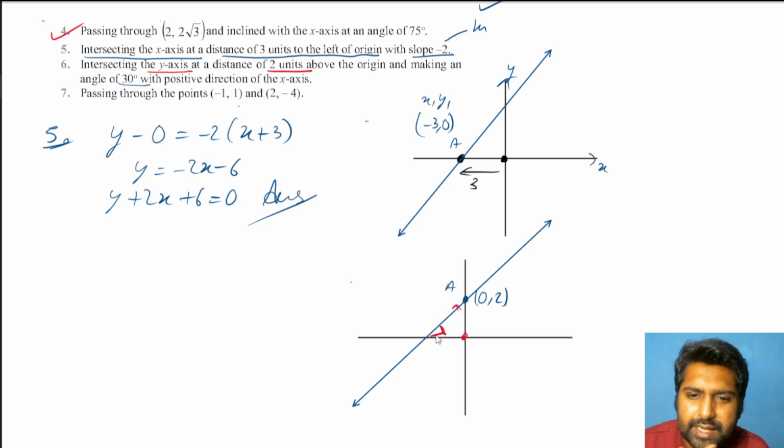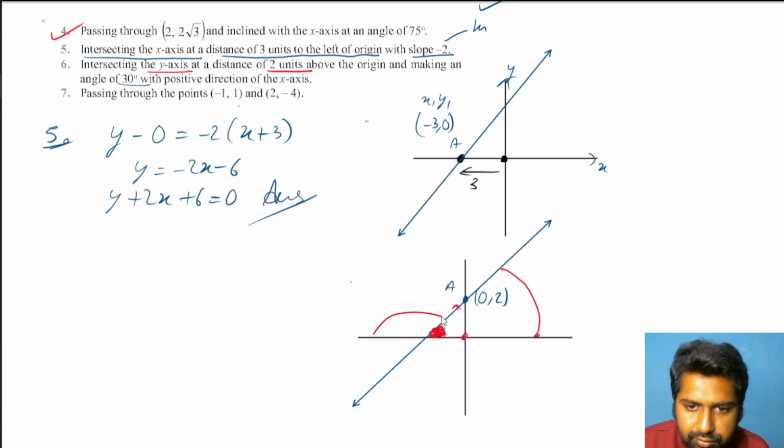Now usually I get one doubt with students. They usually say that somehow you have measured the angle with negative x-axis, not positive. See, if you want to measure it with positive x-axis, fine, you measure it like this. Is it the same angle now? So it doesn't matter. Measuring with positive x-axis means you have to measure from the right side of x-axis.